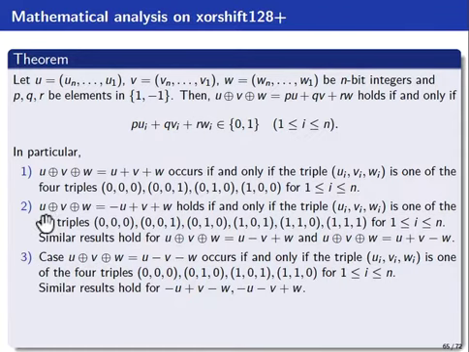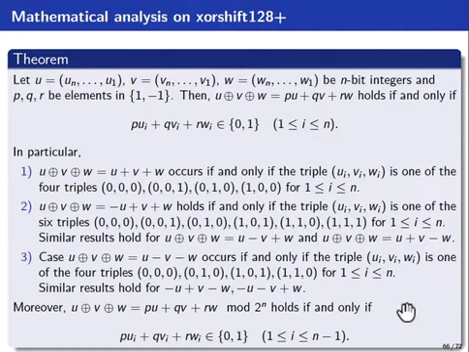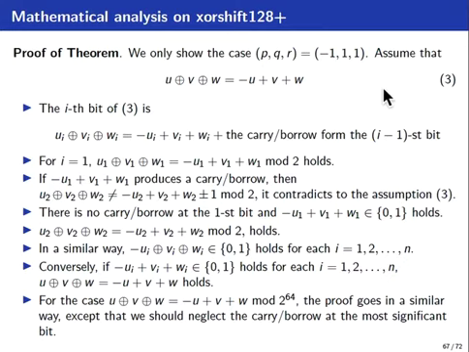This is case 2. Thus, for each bit, among 8 possible patterns, 6 patterns satisfy the condition. This occurs with probability (6/8)^n. If we take modulo 2^n, the condition on the most significant bit is dropped. Here is a proof of the theorem, but we omit it in this talk.